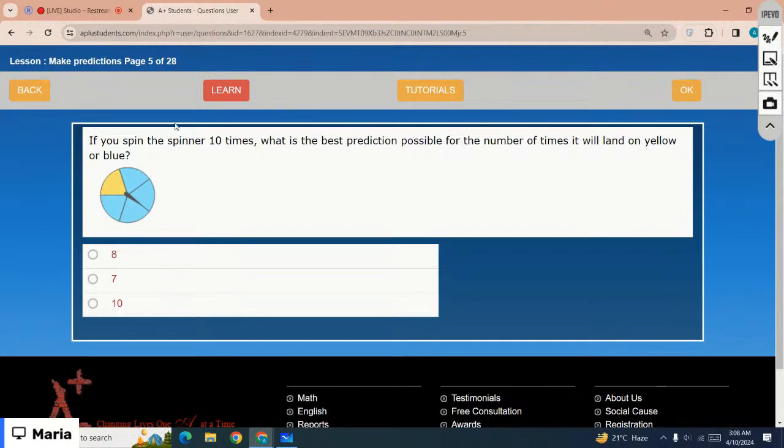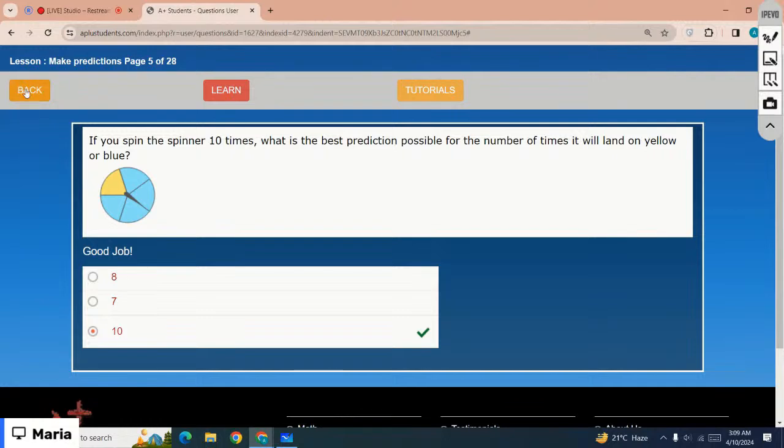Land on yellow, 1 out of 5. Yes, the correct option is 10. The best number of times it will land on yellow or blue is 10. Sorry, I just forgot the blue. Okay, you can complete the lesson by yourself later today. Let's just move on to the next lesson.